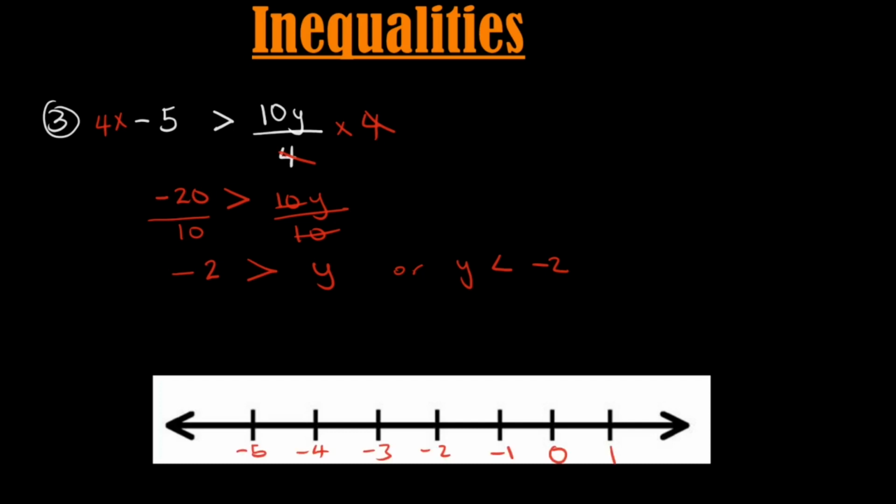So our number is negative 2. We don't have an equal to in the symbol, so we know that the circle is going to be open. And looking at this one right here, it says y is less than negative 2. So the arrow would have to point to the left to make that statement visually correct.